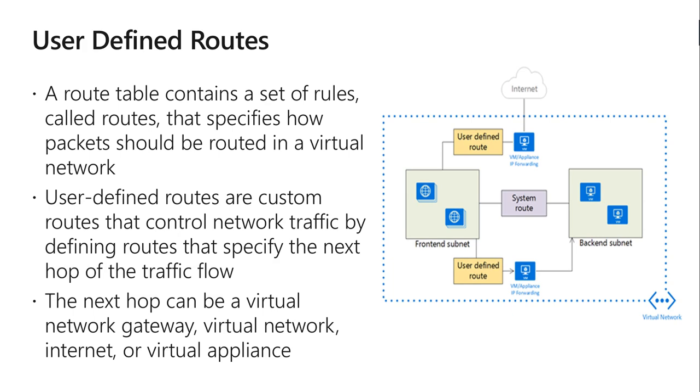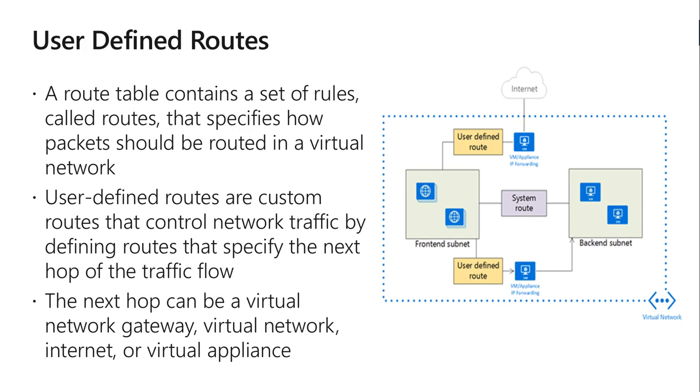You may want certain subnet traffic to be directed into this virtual appliance. For example, you might place an appliance between subnets or between a subnet and the internet, like what we saw here. In this situation, you can configure user-defined routes, or UDRs. UDRs control network traffic by defining routes that specify the next hop of the traffic flow. This hop can be a virtual network gateway, a virtual network, the internet, a virtual appliance, and so on.